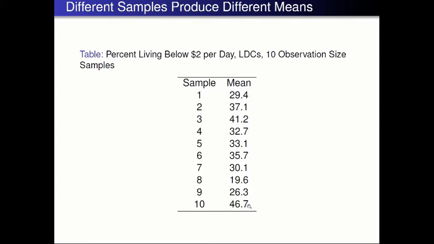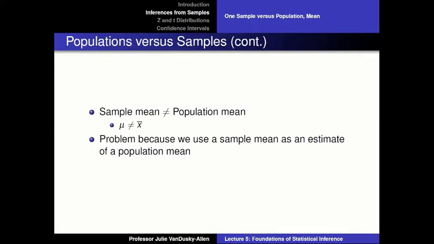As you can see, different samples can lead you to draw different conclusions about the true population mean. Clearly, these values are often not perfectly reflective of the true population mean of 34.8. So, once again, sample means often do not equal population means. This is a problem since we use sample means to make conclusions about population means.